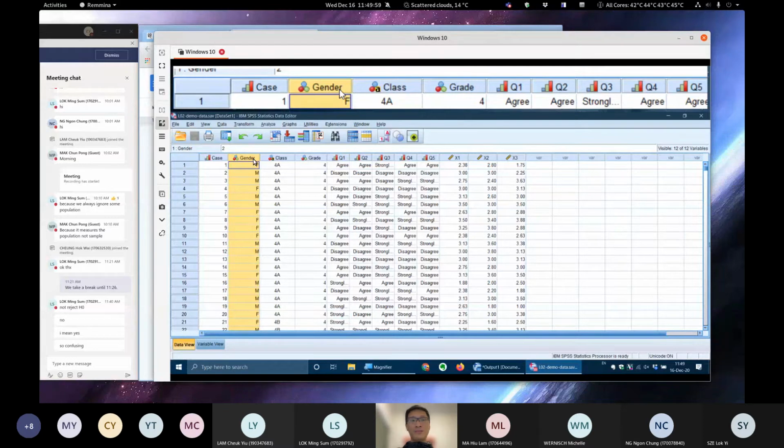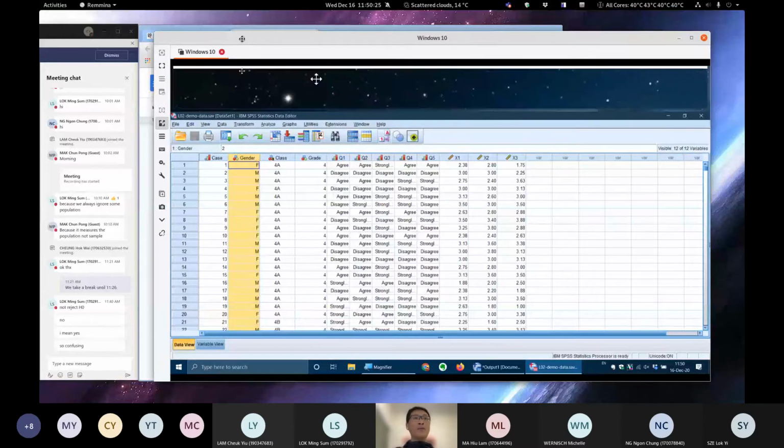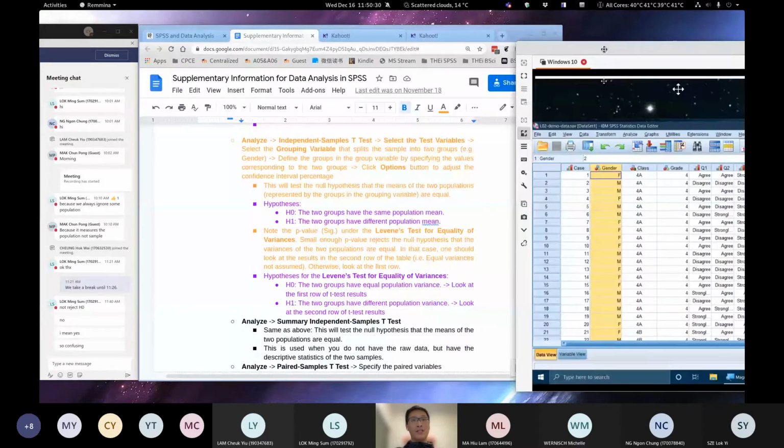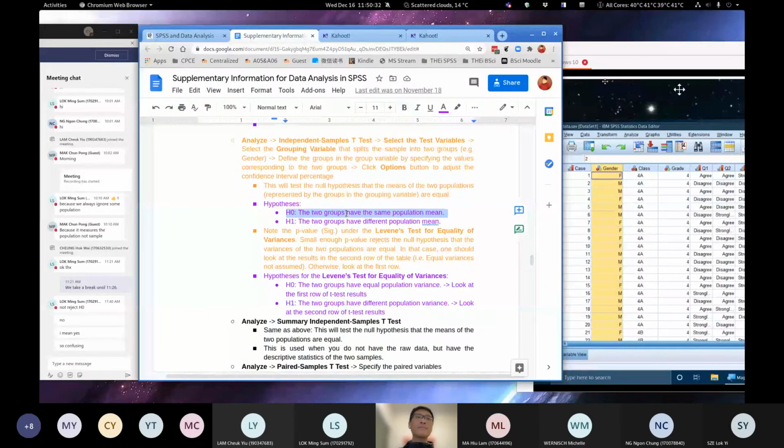But sometimes we are interested in knowing about the comparison between two groups of people. So in this case, we don't care about the score of the female and the male, but we care about if these two groups of people have the same score. Okay, so we want to compare them. Now, the way to write the hypothesis of this type of question is like this.